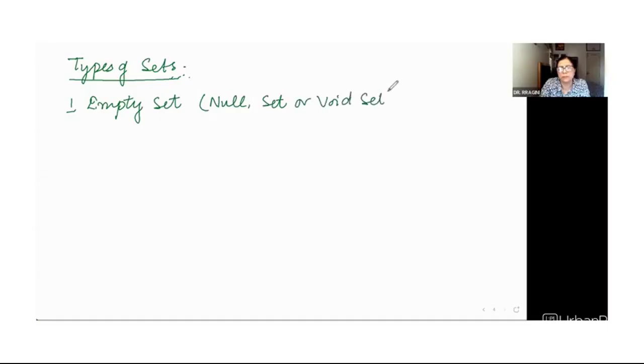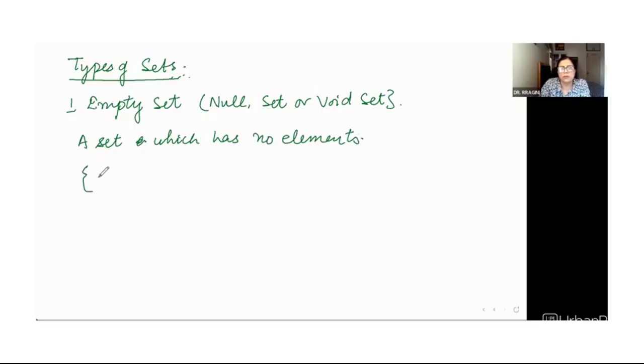All of them mean the same thing, right? Empty set, null set, or void set. Now, how can one set be a null set? A null set is a set which has no elements.